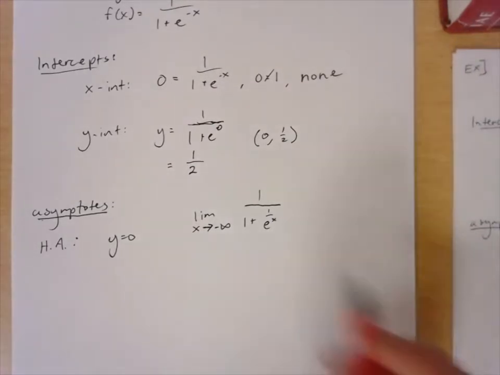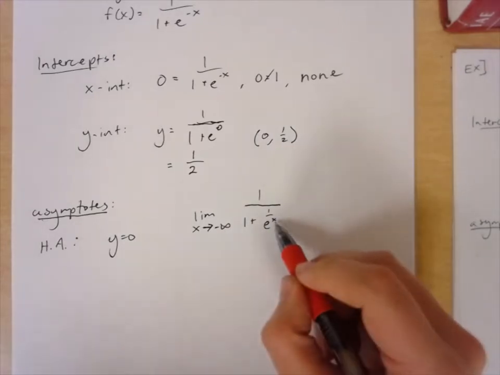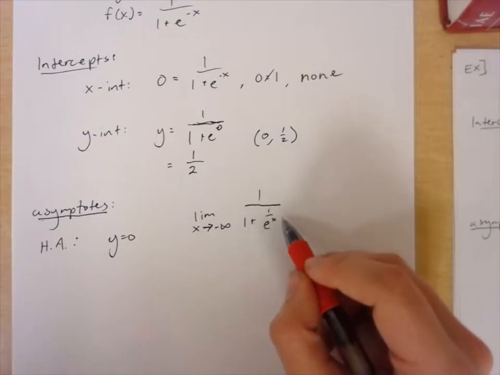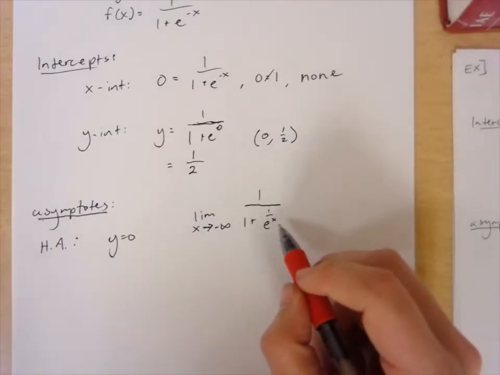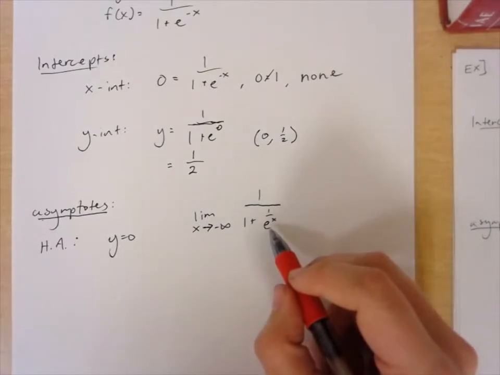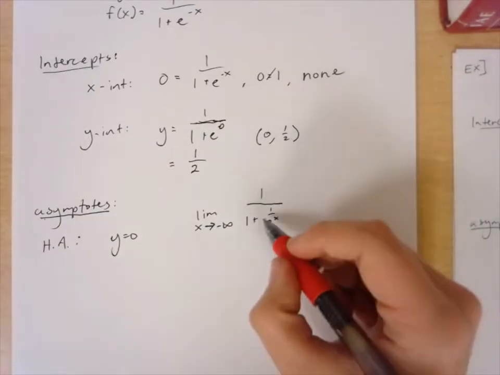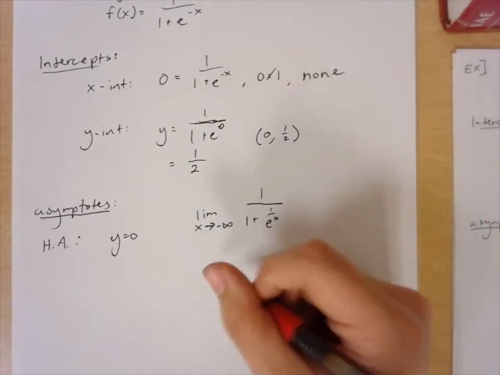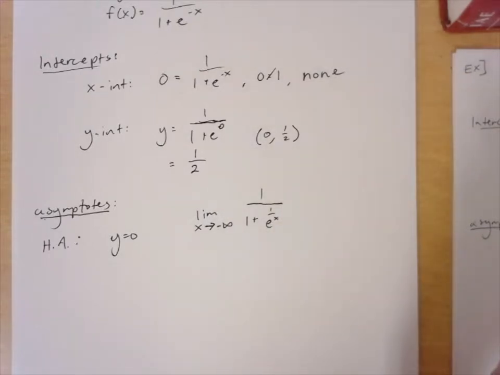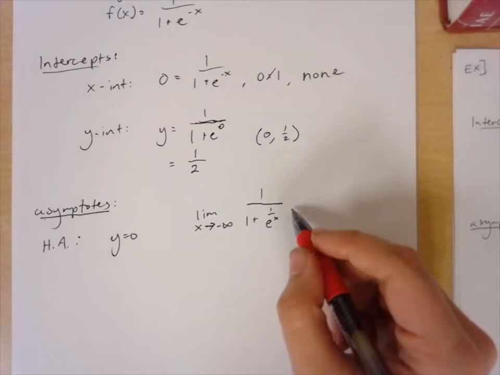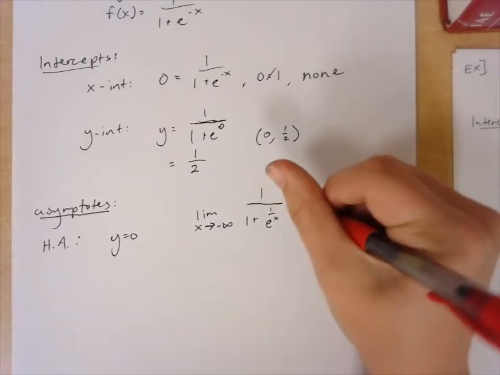So what we've got going on when we throw negative numbers in here, if I put a negative number in for x, that would make the e go back on top, and I would get really big numbers. If I threw like negative 100,000 in here, that would be the same as e to the positive 100,000, and then I would have a huge number on the bottom. But remember, when I have a huge number on the bottom of a fraction, it actually makes the number really small. So what I'm approaching, the y value I'm approaching when I throw big numbers in here, is 0.